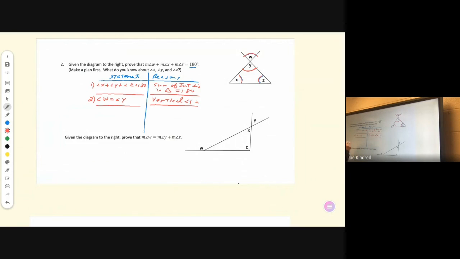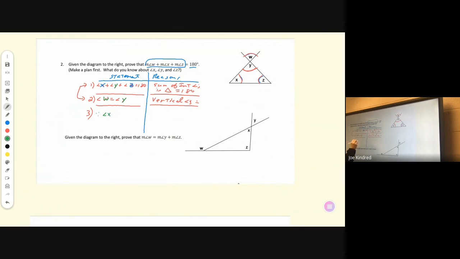So now my next statement is, I am able to simply say, because of these two, I can substitute in for what we're trying to prove, which is W, X, and Z. I can substitute in for the Y now that I have W equal to Y. And so my next statement is what we're trying to prove.